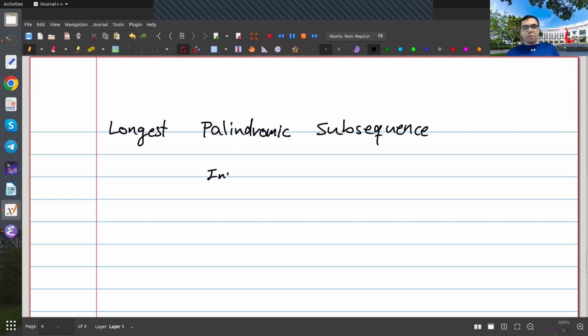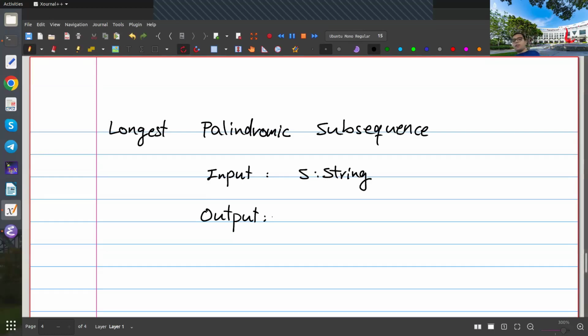So in the input, I'm going to give you just one string this time. There is a string S. And in the output, I want you to give me the longest subsequence of S that is a palindrome. And a palindrome is a string that is equal to its reverse. Okay.